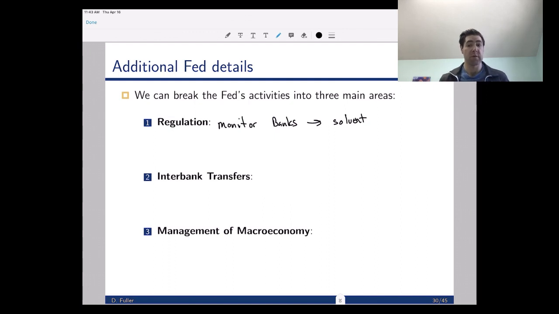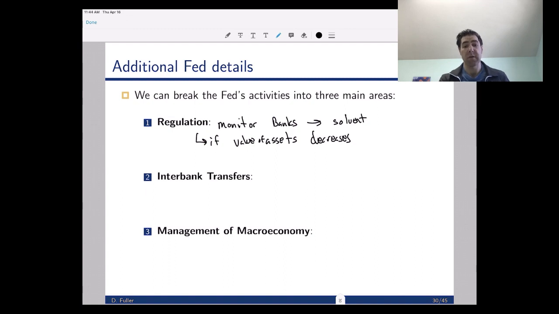The difference between those two we called stockholders' equity. And we want to make sure that stockholders' equity is sufficiently positive so that if the value of assets decreases, they are still going to be solvent.